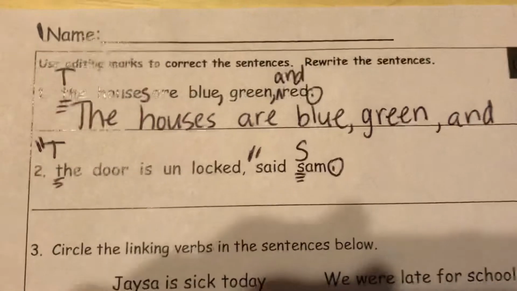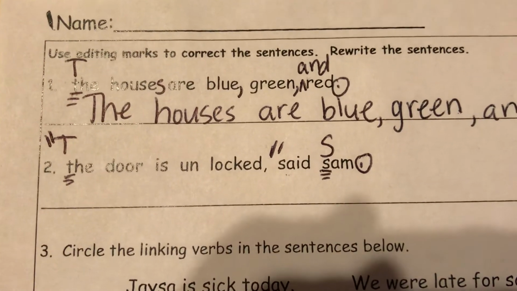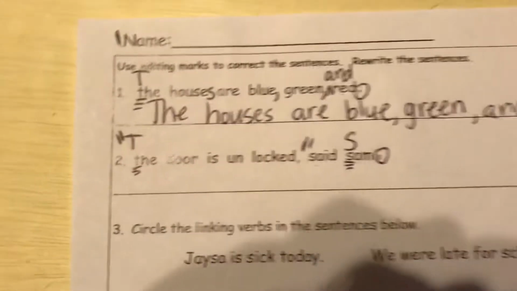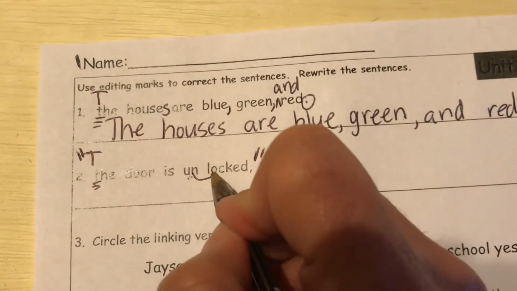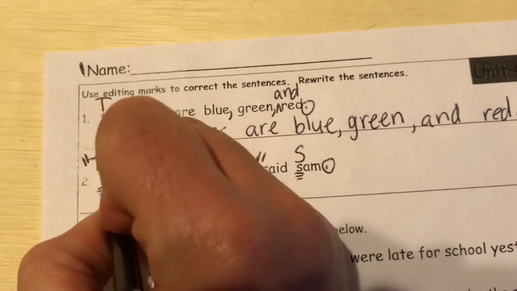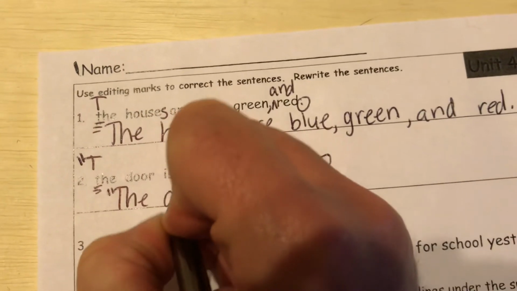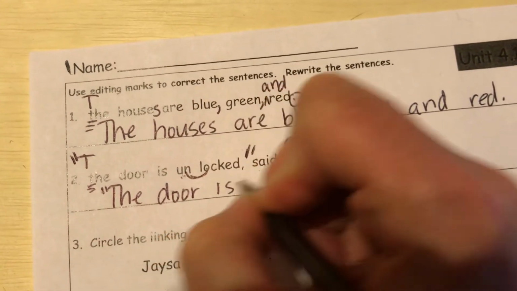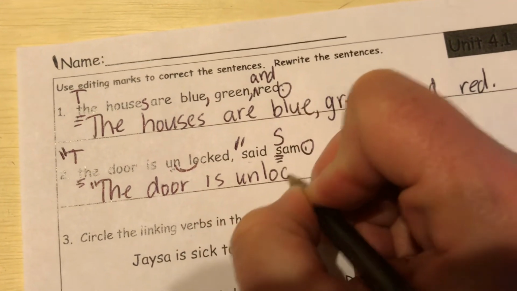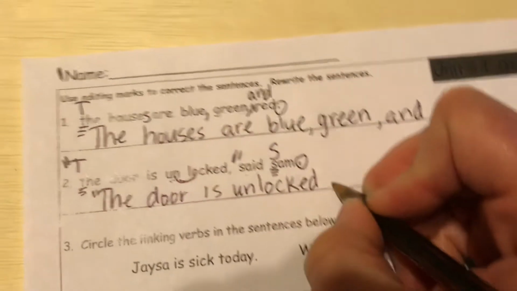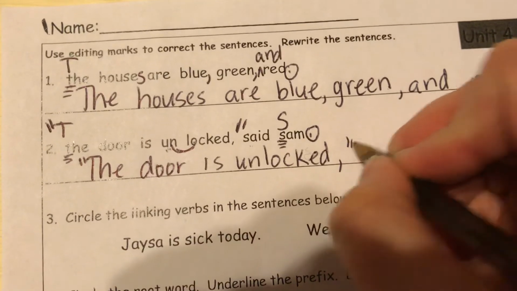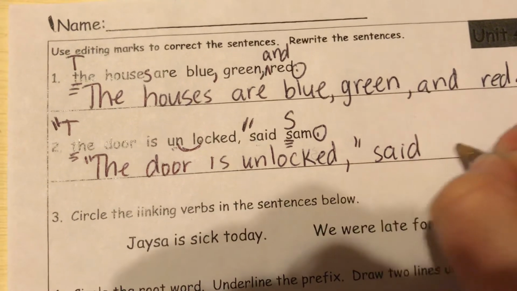But then there's a word in there that we have to put together because it's one word. Unlocked. Good, because un cannot stand all by itself. It has to be put together with locked. So, quote, the door is unlocked, comma, quote, said Sam.